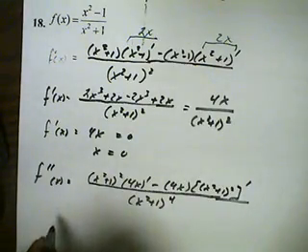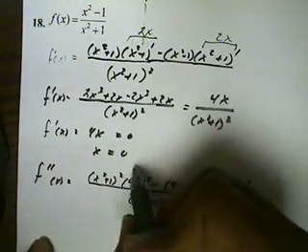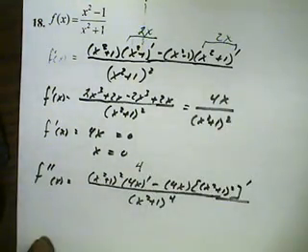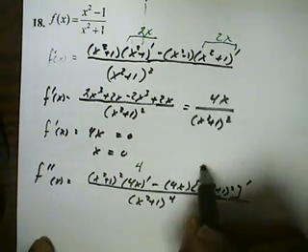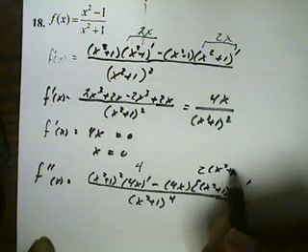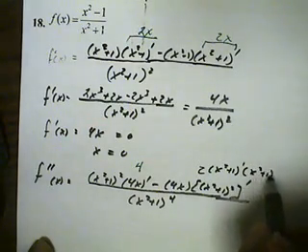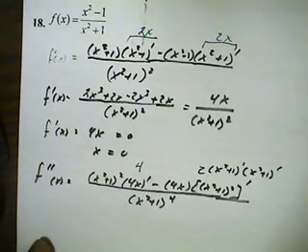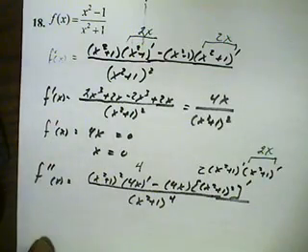Alright, the derivative of this one right here will be 4. But the derivative of this one, we have to use chain rule. So this will be 2 times x squared plus 1 to the first power, then times x squared plus 1 derivative. And the x squared plus 1 derivative becomes 2x.